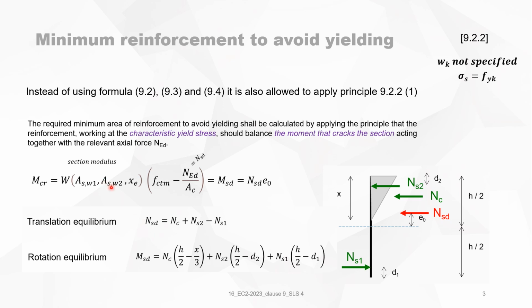Here I'm using the symbols as it is acting on this figure. So if NSD is working in this direction, then it's compression. If it's working in this direction, then it is tension. But it's just a detail of this formula. So you have a translation equilibrium and a rotation equilibrium. So we have two equations.